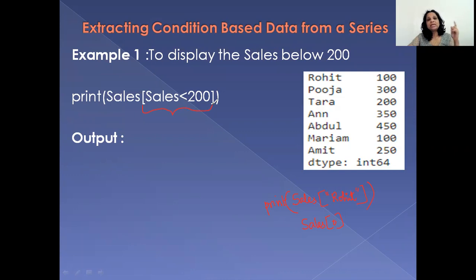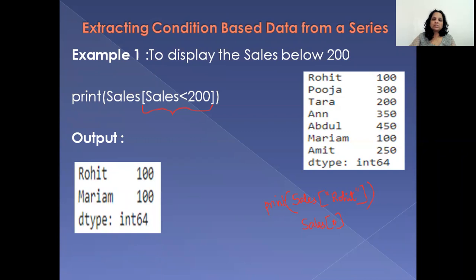So I write sales below 200. So I'm talking about the values in the series named sales where it is below 200. Like we said, I should only be seeing Rohit and Mariam, and that's my output. Is that clear? Okay, so this is one condition.